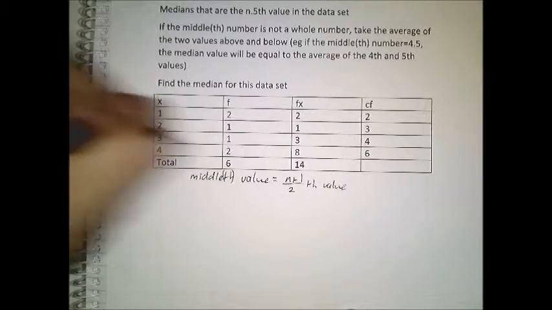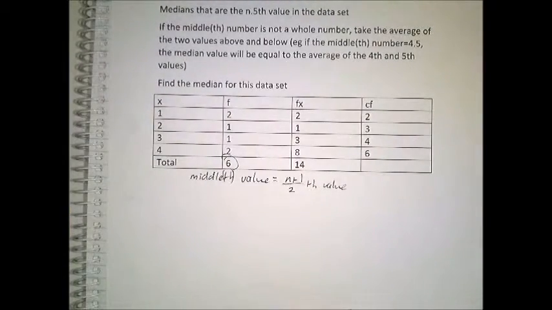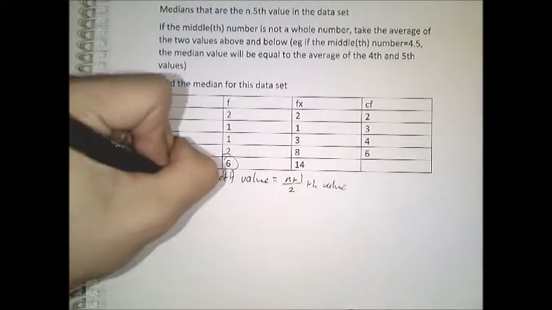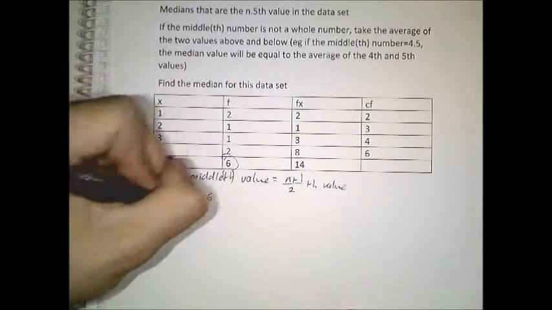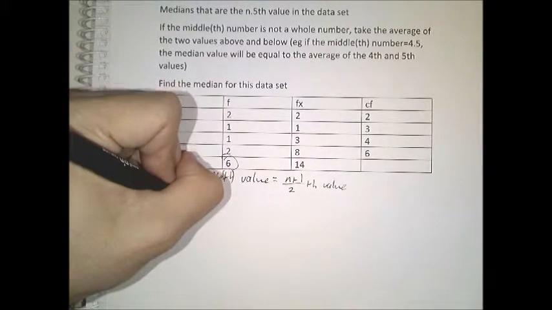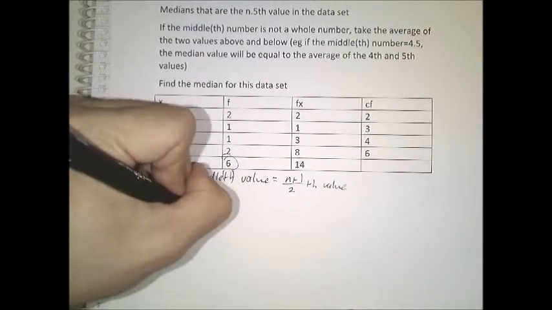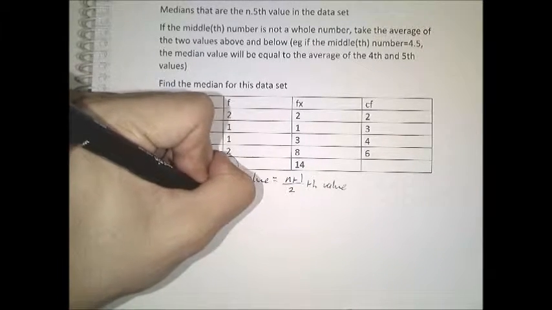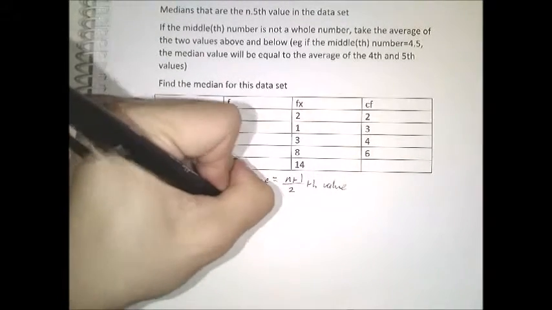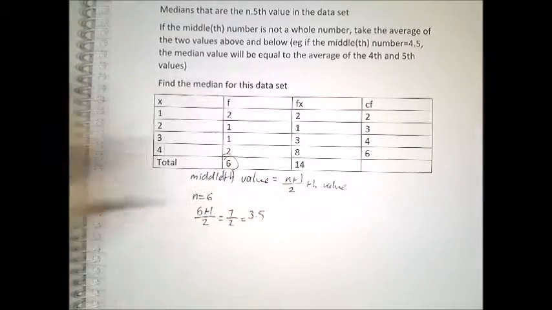Knowing that n is 6 in this question, the middle value would be 6 plus 1 over 2, which is 7 over 2, which is equal to 3.5.